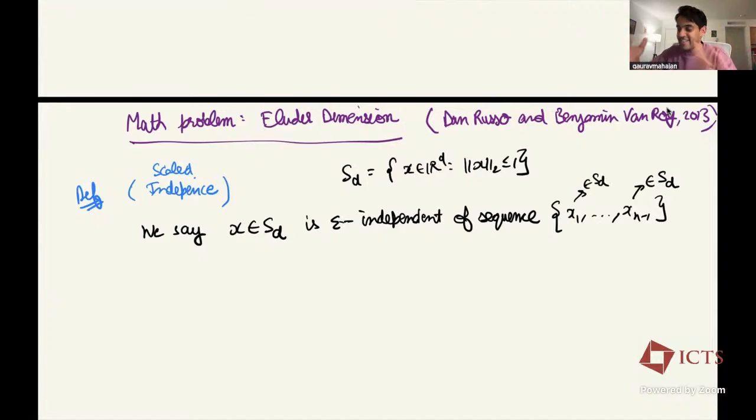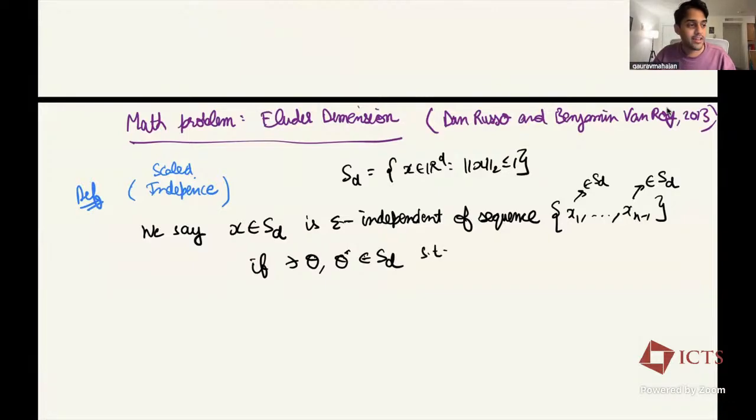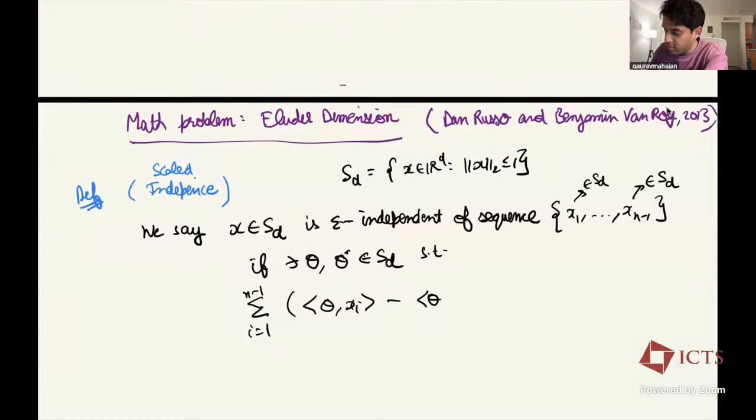I say a vector is independent of a sequence of other vectors if there exist theta and theta star, think of them as linear functions, in S^d, such that, I'm going to write down the equation, basically they agree on x1 to x_{n-1}.